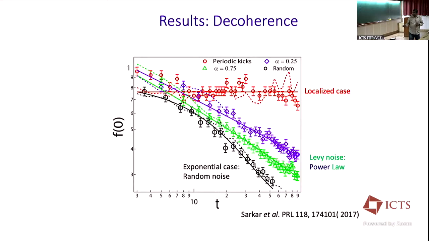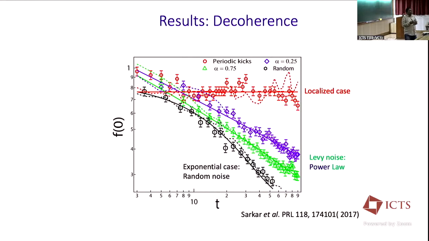And in between, when your alpha is less than 1, the delocalization follows a power law. So by playing with the statistics of this periodic perturbation, you can think of it like playing with the statistics of the environmental noise that is influencing your quantum system.